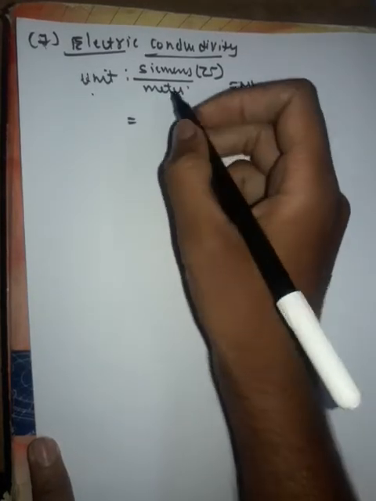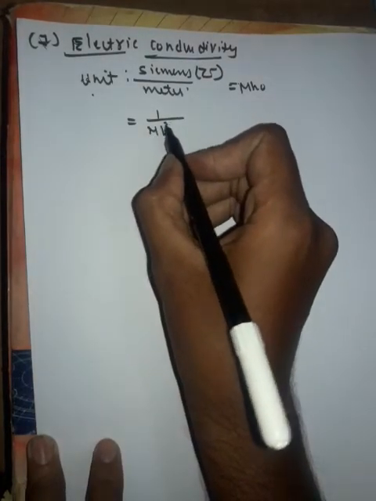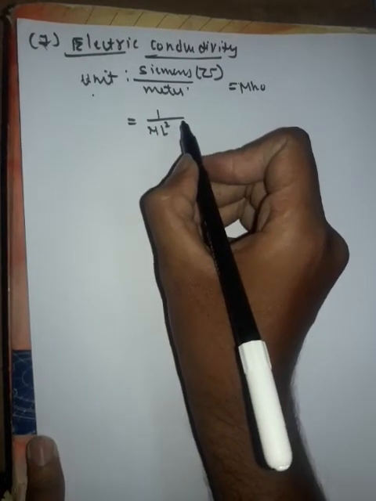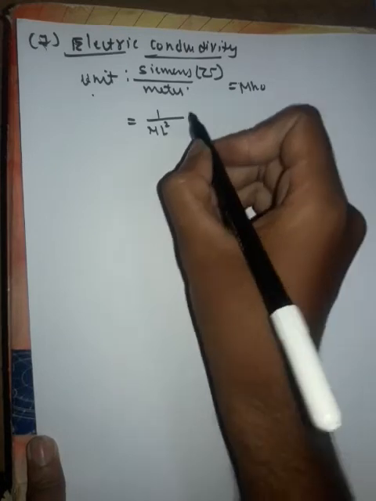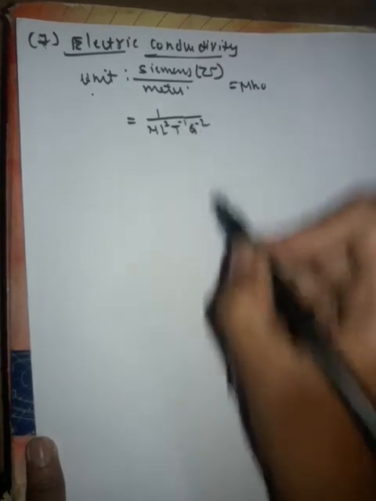How to derive its formula? First, we have to take the inverse of resistance. Inverse of resistance, that is M L square T power minus 1 Q to the power minus 2, right?